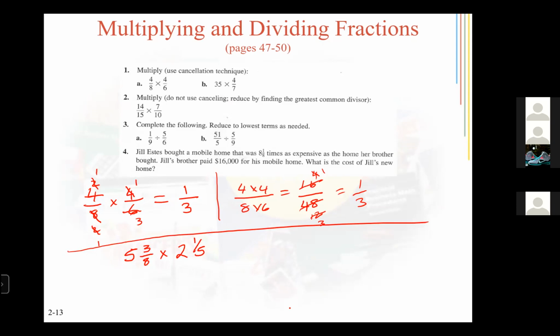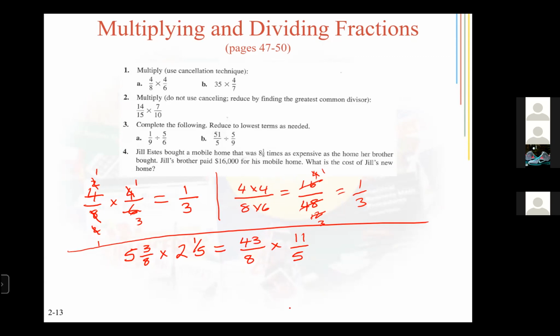So first step would be to convert. That would be 8 times 5 is 40, plus 3 is 43 over 8. 43 over 8 times 5 times 2 is 10, plus 1 is 11 over 5. Now, can we do any canceling here?